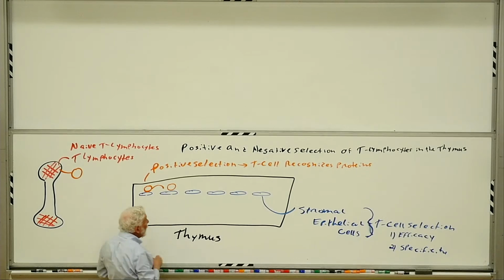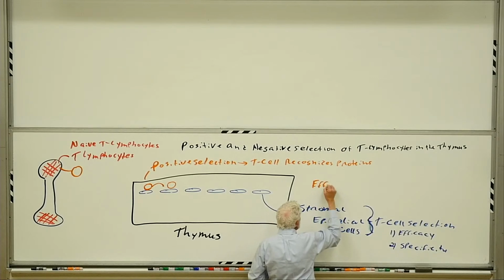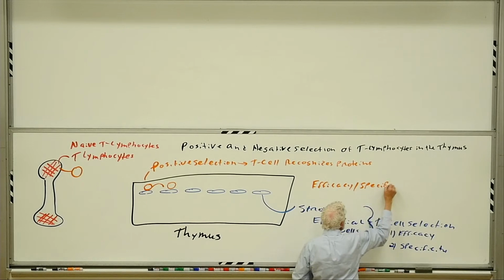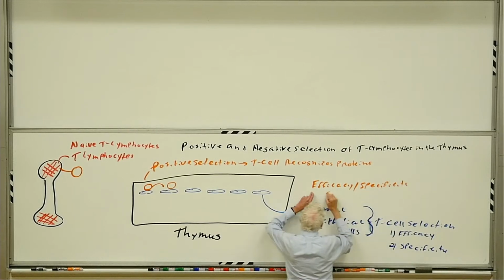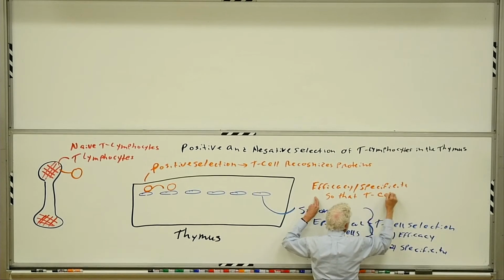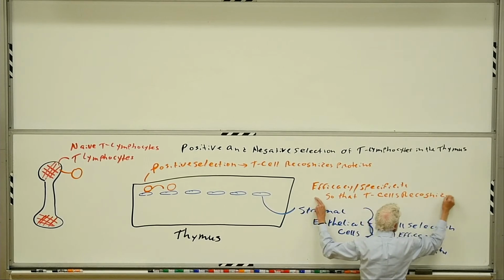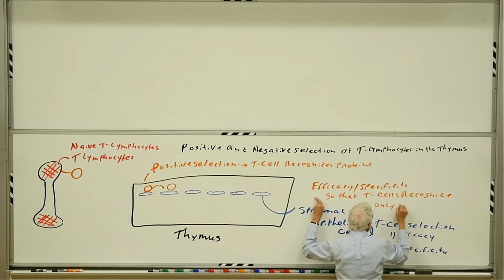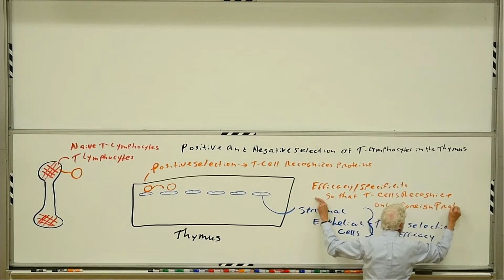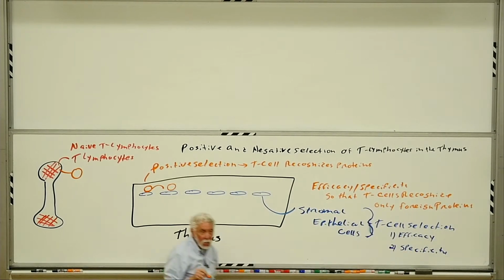That's the way we select for efficacy and specificity, so that T cells, or T lymphocytes, recognize only foreign proteins and don't recognize our own proteins.